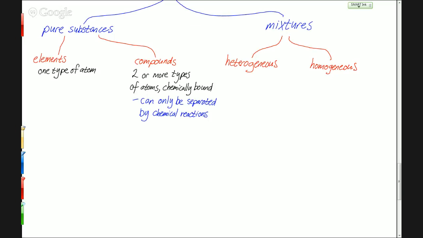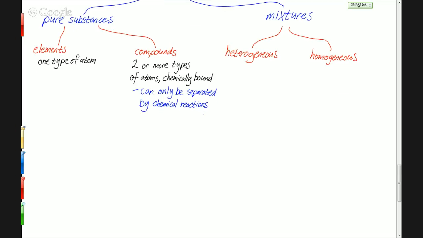Water is a compound. Anybody know what atoms it's made out of? Hydrogen and oxygen. If you separate those atoms from water, you have something that is not anything like water. You have either hydrogen gas or oxygen or hydroxide or some other thing, but it's not like water at all. So you've fundamentally changed the thing, and that's why it's a pure substance, because when you do that chemical reaction, you really turn it into something else.